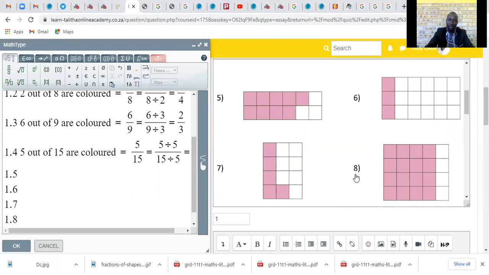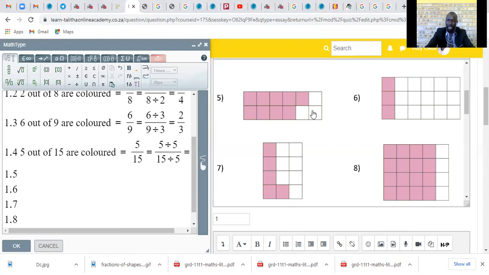The first step is to count the number of squares that have been colored. Like for question 1.5, you will be having 1, 2, 3, 4, 5, 6, 7, 8, 9. So you say 9 squares out of how many? Well, 10, 11, 12.